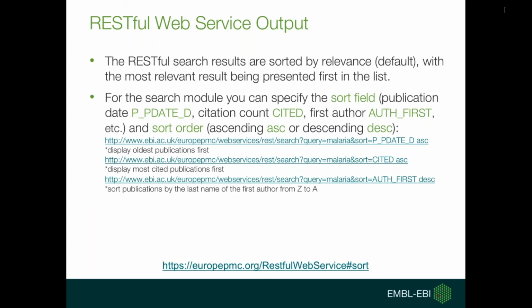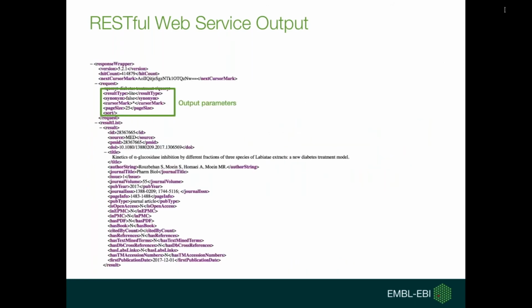You can choose to sort by publication date, for example, to see the most recent publications, by citation counts, to retrieve the most cited works, or by the first author name in case you're interested to see which researchers have published on a particular topic. After specifying the sort field, you also need to pick ascending or descending sort order. Therefore, you can combine these different parameters for the search module to manipulate the results to suit your task. It gives you some flexibility.